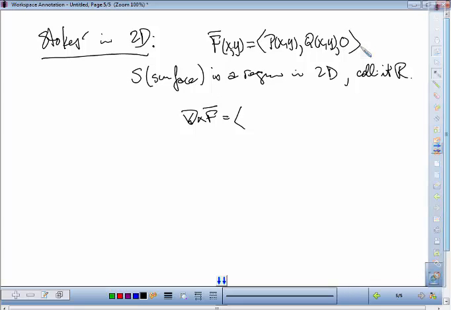So back to the curl. I want to take the curl of this. I cross out the first column, and I take the derivative of 0 with respect to y, and the derivative of Q with respect to z. Because Q is only a function of x and y, there are no z's in there, so that's just going to be 0.